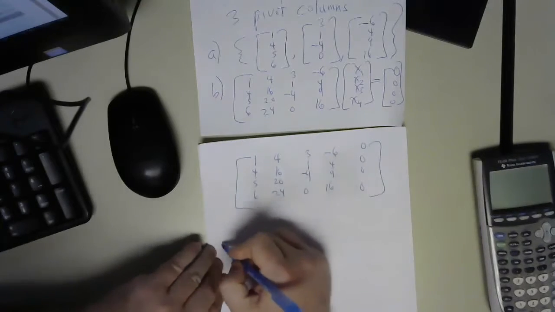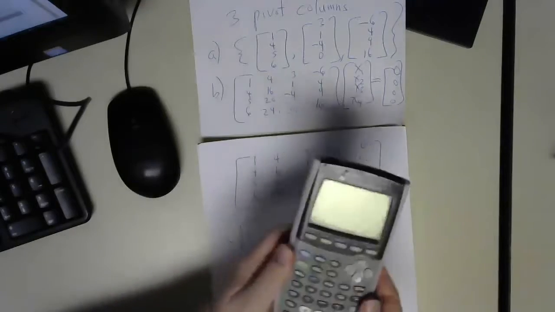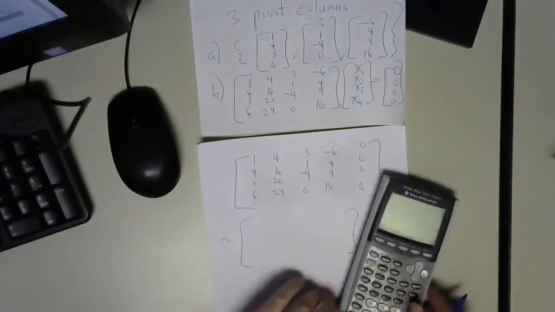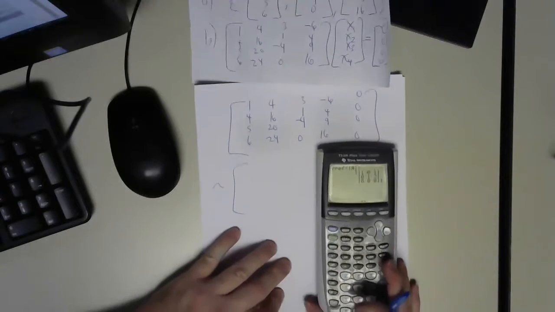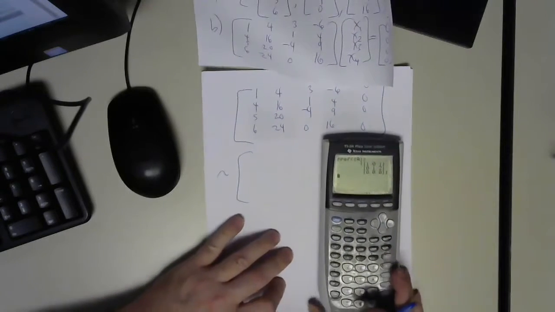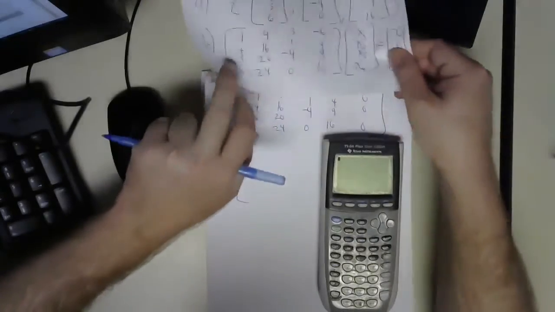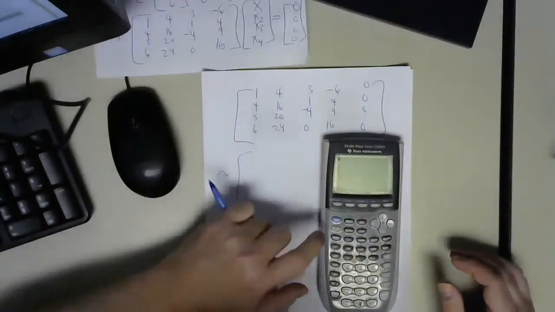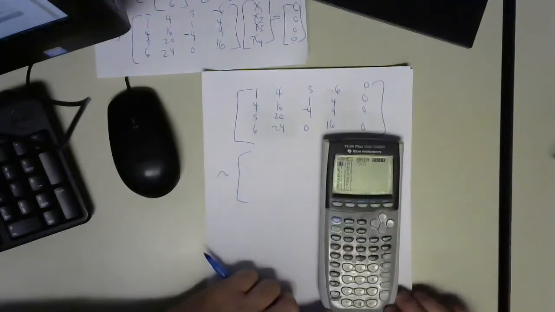So let's see what this thing turns into with a calculator. Let's see if we can remember how to do it with a calculator. Hopefully you can see that. So the first thing you want to do is enter the matrix into your calculator. So go to matrix above x to the -1, scroll over to edit. That's how you enter a matrix.